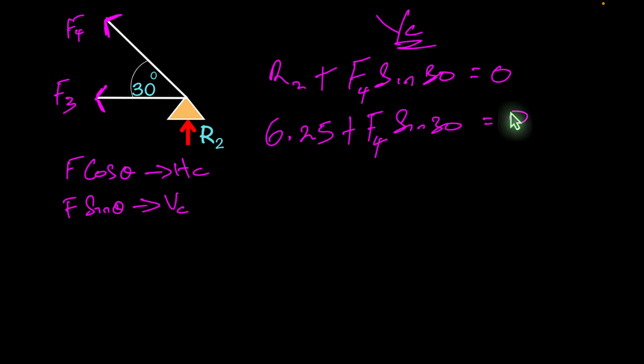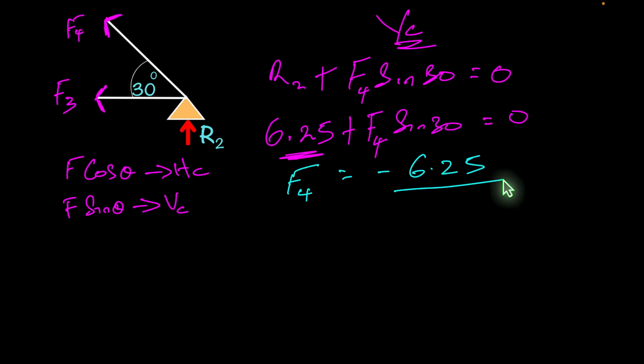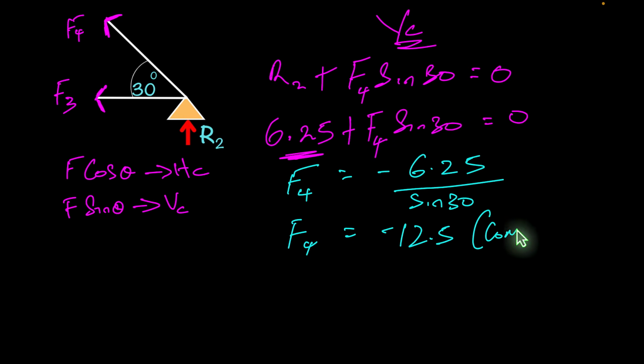For F4, we do the inverse, subtract our 6.25 and then divide by sin 30. So F4 is equal to minus 6.25 divided by sin 30. The final answer for F4 is negative 12.5, and that's negative, so therefore it's a compressive member.